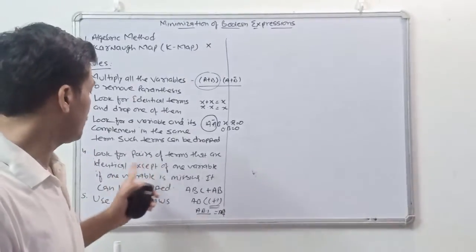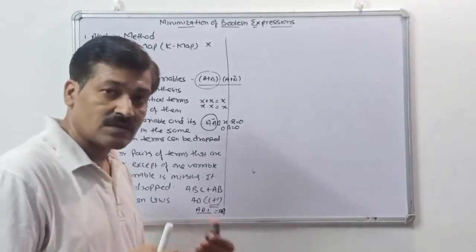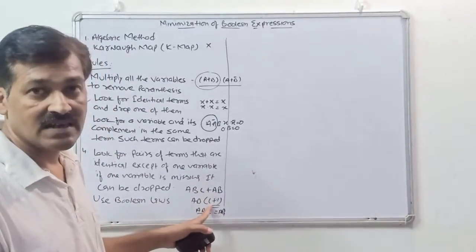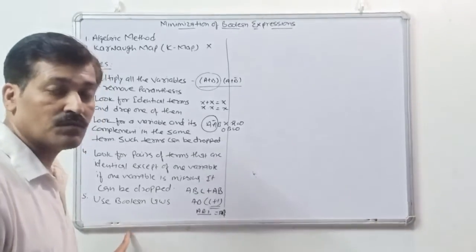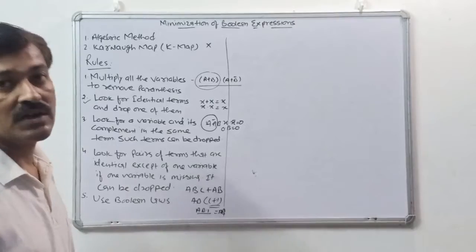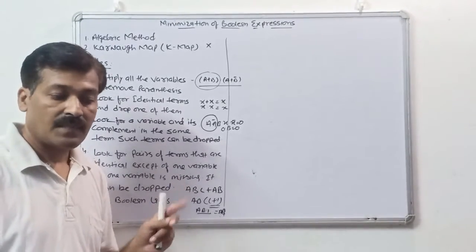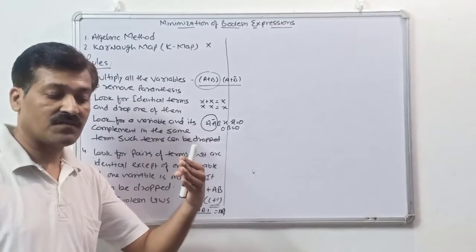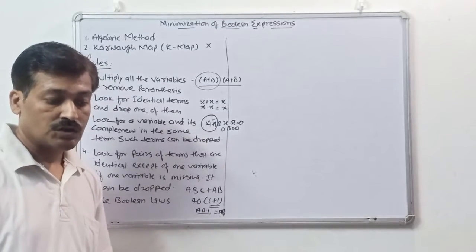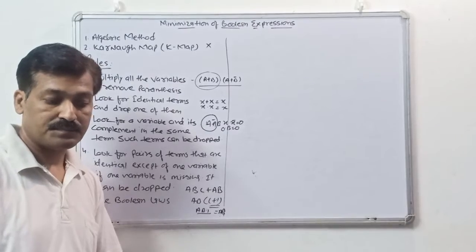Fourth, look for pairs of terms that are identical except for one variable; the rest of the variables are identical but one variable is missing, so that can be dropped. And proper use of Boolean laws according to the situation given will reduce the Boolean expression. Reducing a Boolean expression means we have to reduce the number of gates used and the number of terms used.